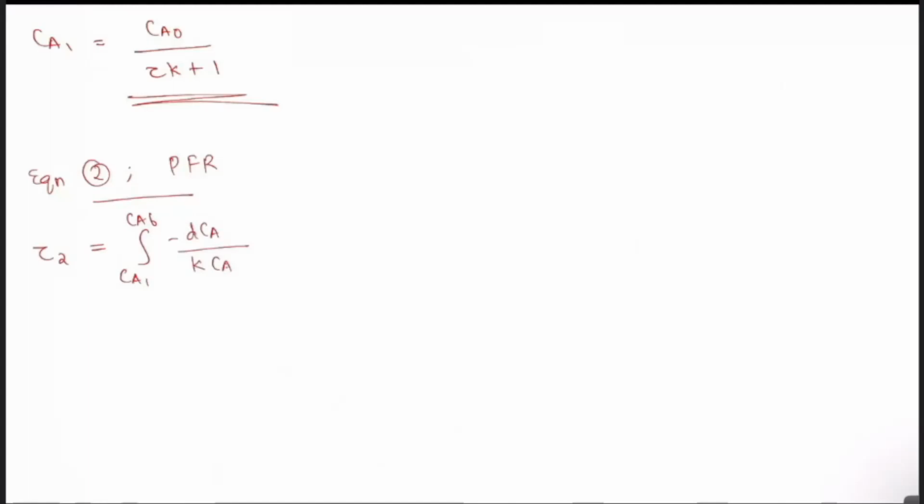If we integrate this, basically it will be minus 1 by k ln CA from limit CA1 to CAF. And so tau2 will be basically 1 by k ln CA1 by CAF.